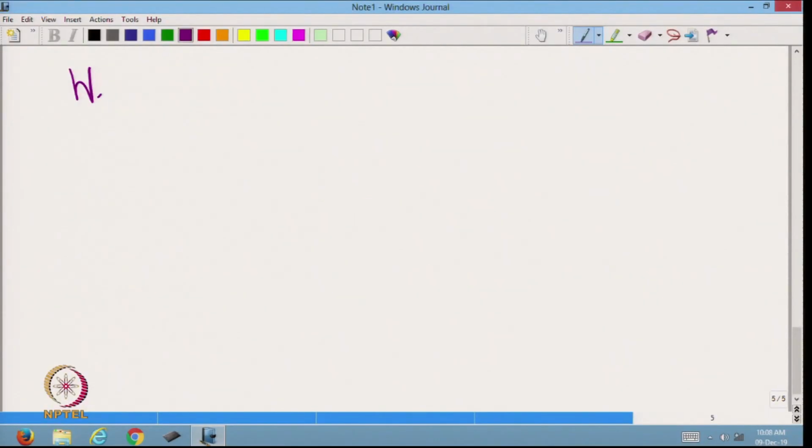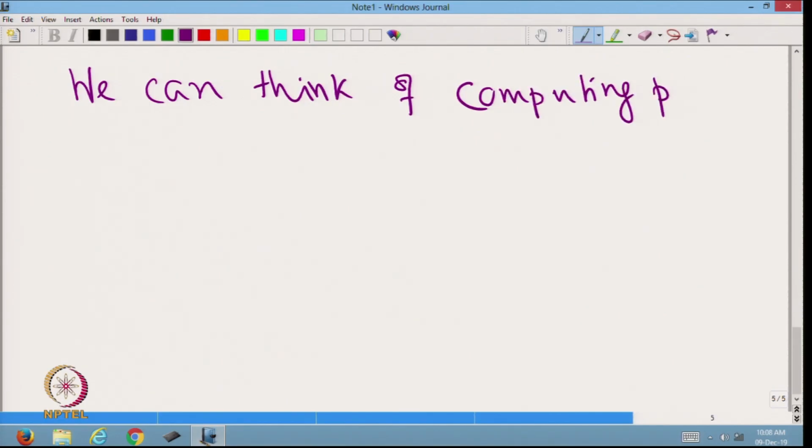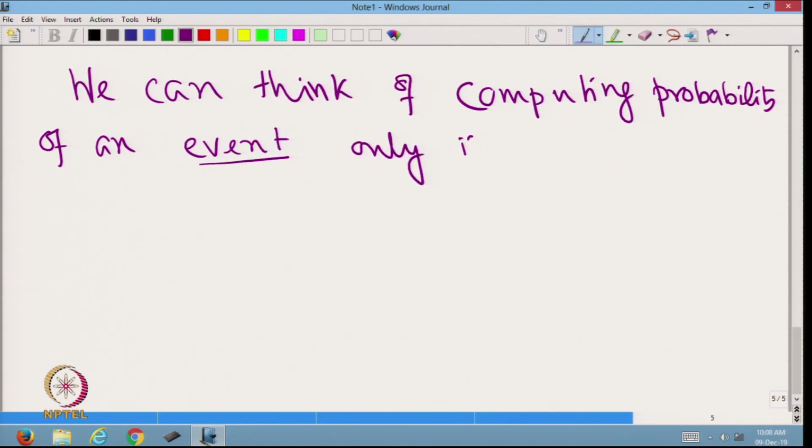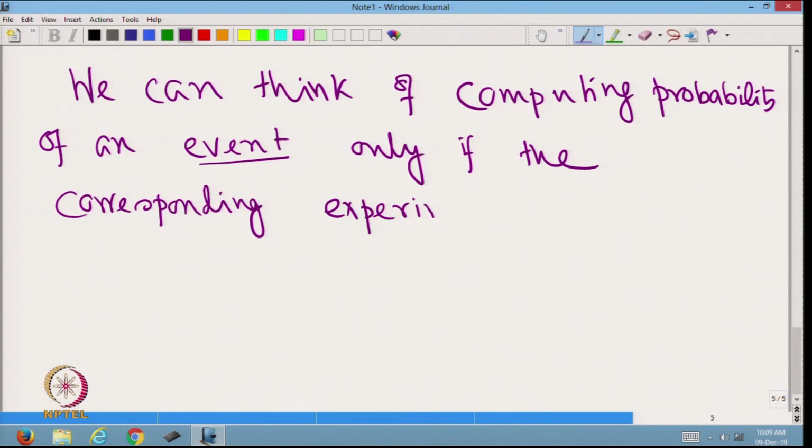So, we can think of computing probability of an event only if the corresponding experiment is random. So, what is a random experiment?